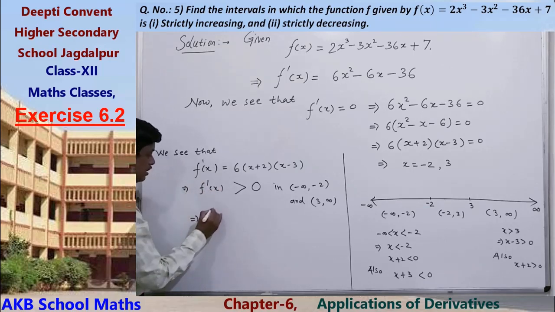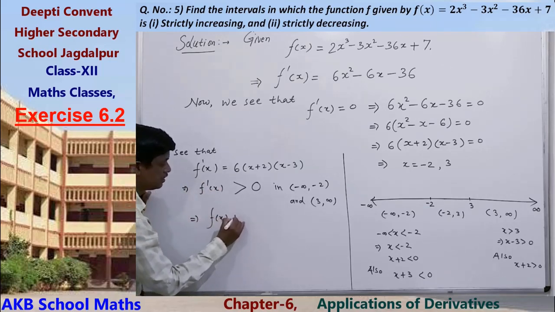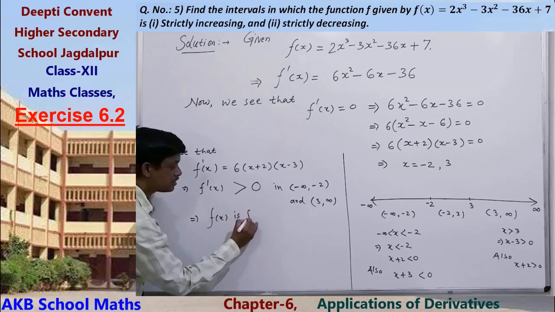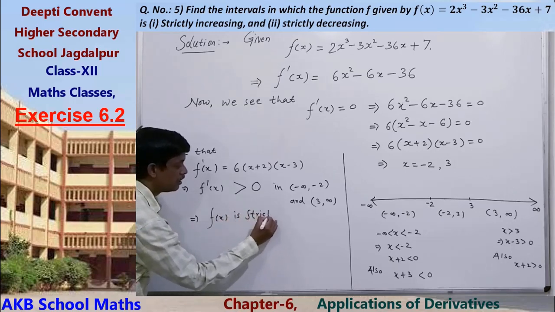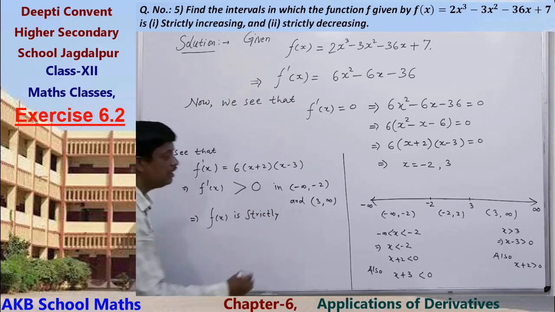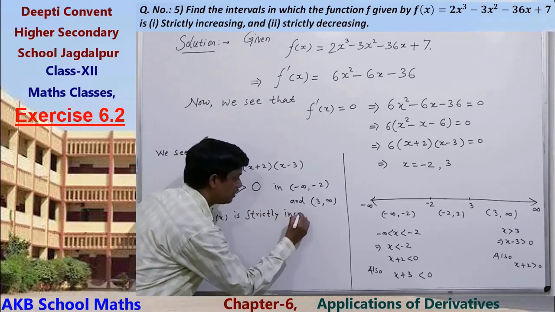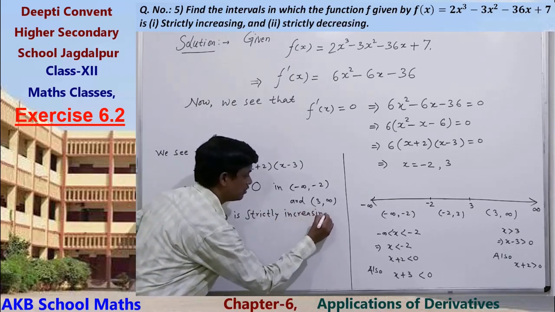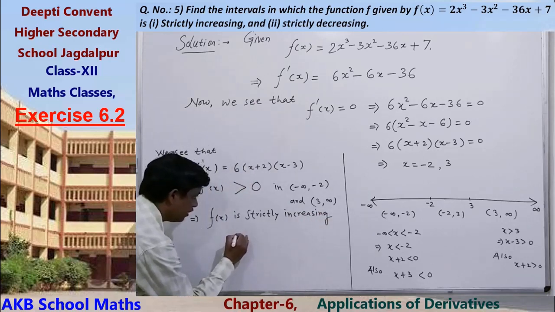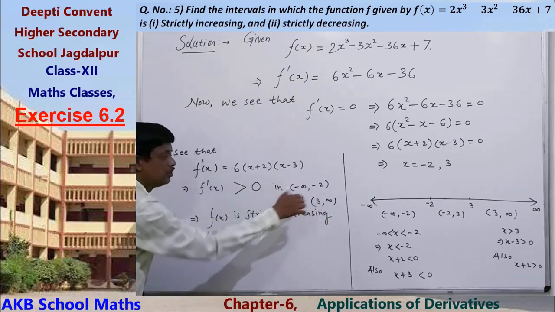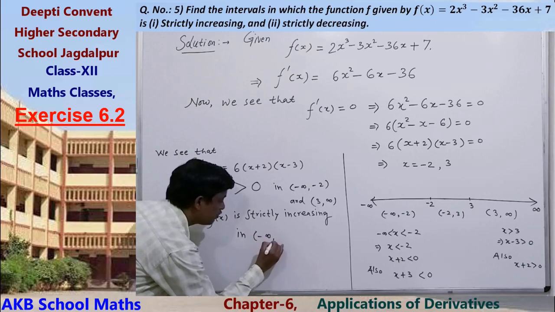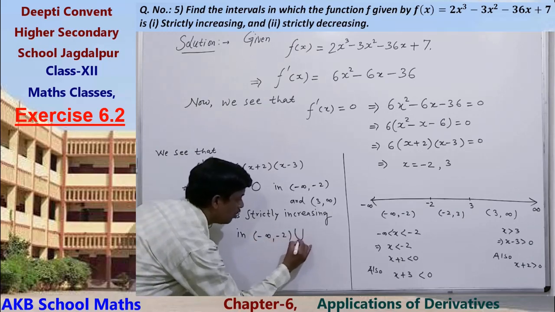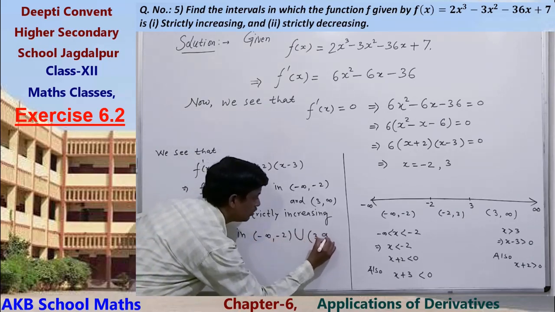This implies f(x) is strictly increasing in these two intervals, minus infinity to minus 2 union 3 to infinity.